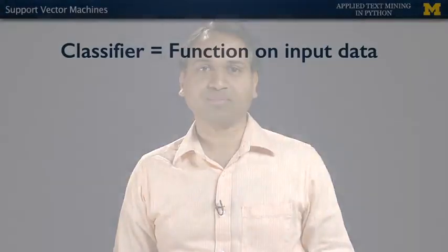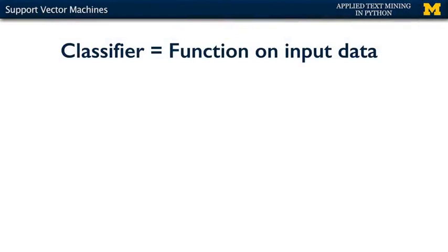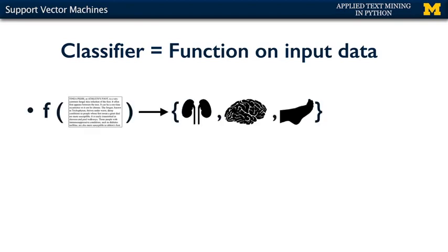So in general, a classifier can be said to be a function on the input data. You have some function f that works on medical passages and decides what the class label should be: nephrology, neurology, or podiatry.